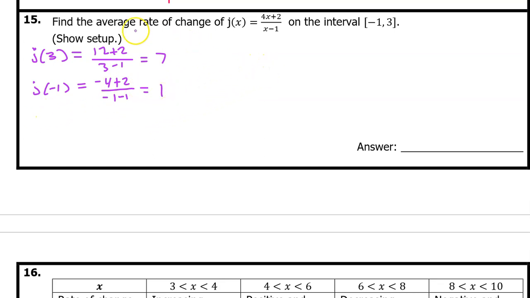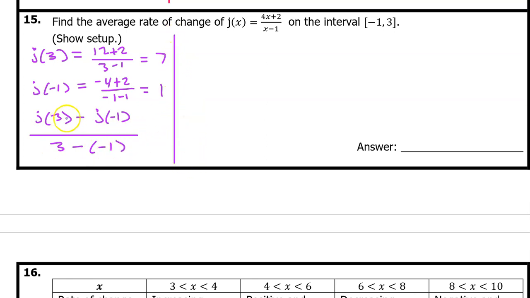So let's go ahead and set up the expression for rate of change, which is going to be j at 3 minus j at negative 1 over 3 minus negative 1. We just found j at 3 and j at negative 1, so we can go ahead and substitute those values in.